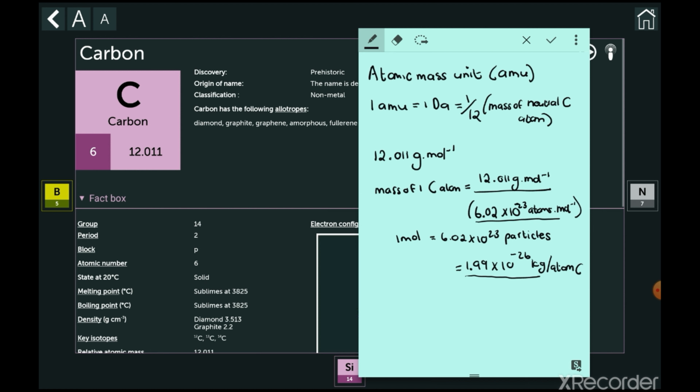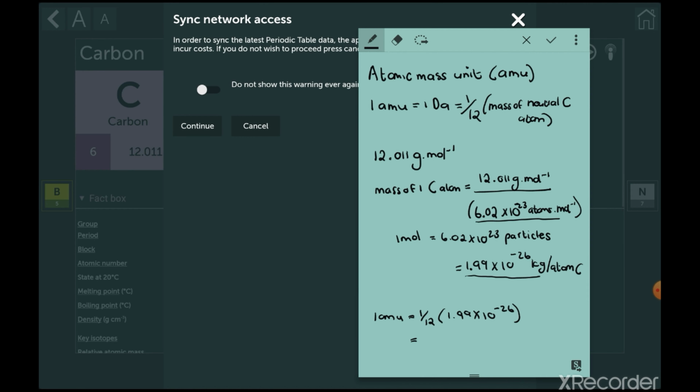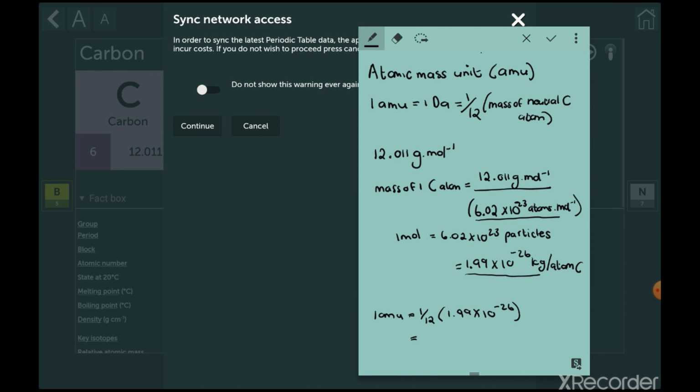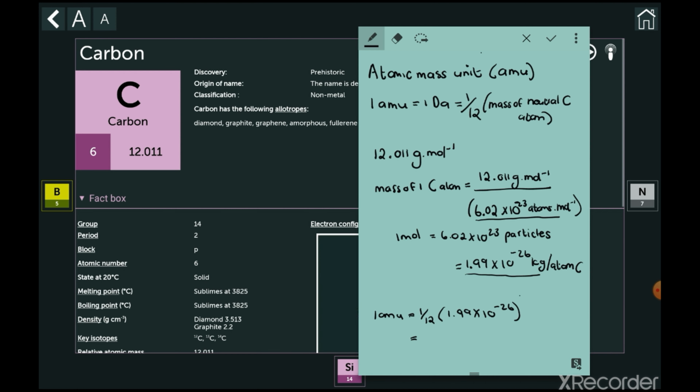So coming back to defining what an atomic mass unit is, 1 u is equal to a 12th of the mass of one carbon atom. If you work this out, it will give you an answer of 1.66 times 10 to the negative 27 kilograms.